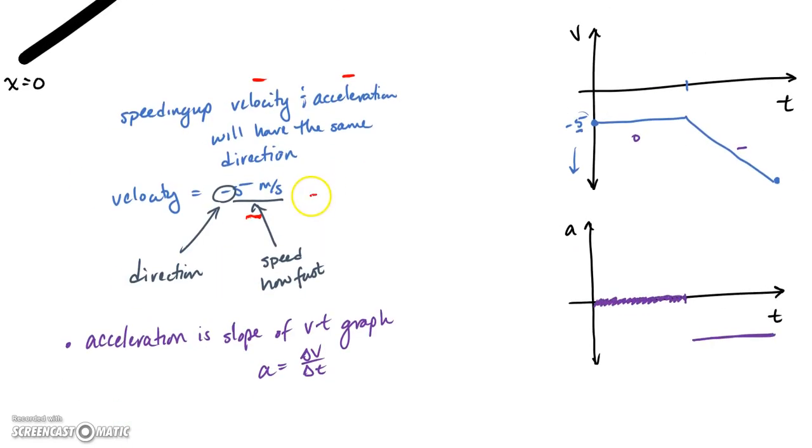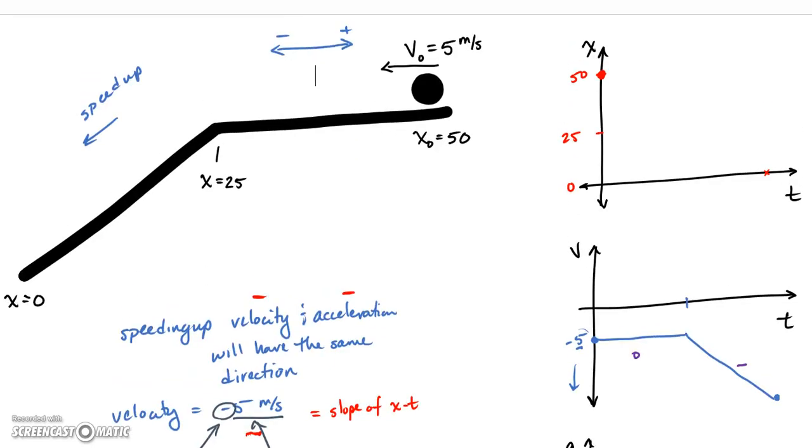Velocity is also the slope of the position time graph. So if I have a constant negative velocity, that means that I must have a constant negative slope. So this entire time, I'm going to have a nice constant negative slope.